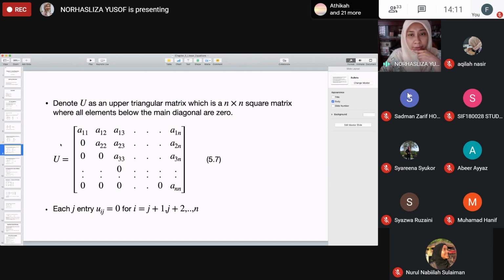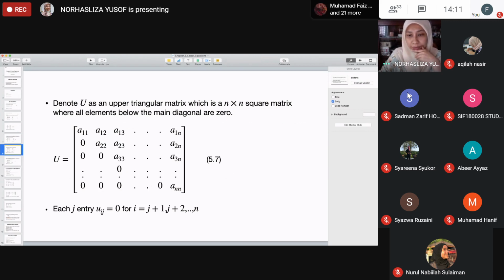So we can denote this upper triangular matrix by U. You can see that below the main diagonal we make it 0. Okay, because this makes it easier for us to solve this linear equation.